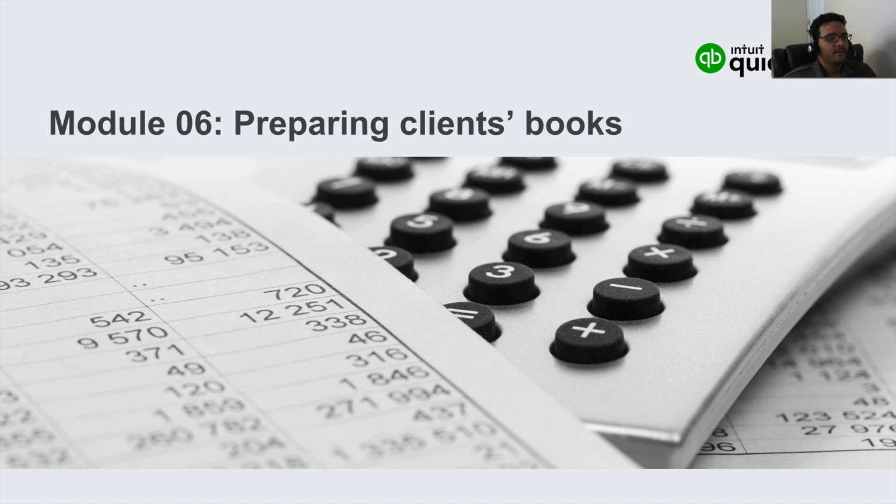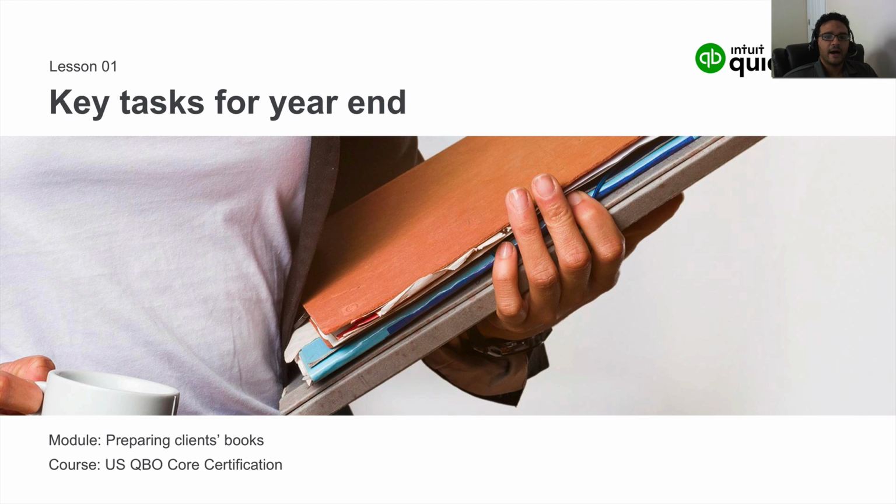Module 6, preparing your client's books. So, there are some key tasks that we do at the end of each year. In some cases, your clients will do the bookkeeping, and maybe we just go in once a year and make some adjustments or verifications. In some cases, we're collaborating with the client all year long.